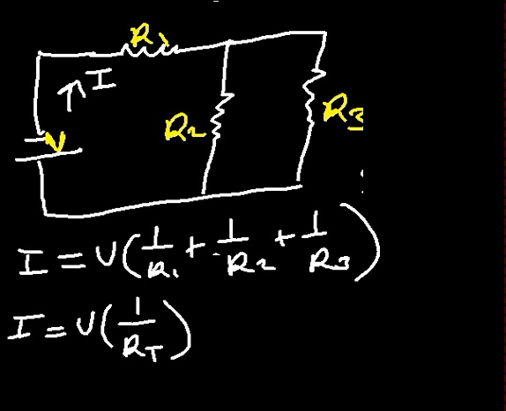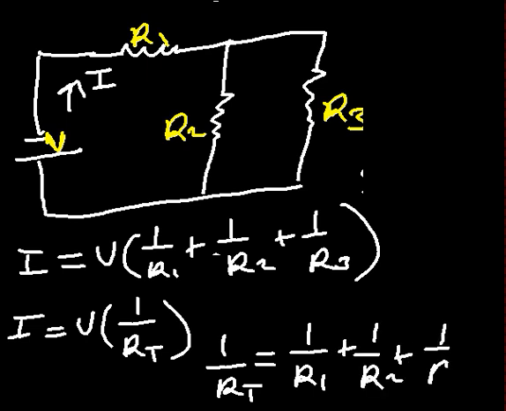If that's the case, then you see that R total is the total resistance for the parallel circuit. So which means the total resistance for resistors connected in parallel will be 1 over R total is equal to 1 over R1 plus 1 over R2 plus 1 over R3.